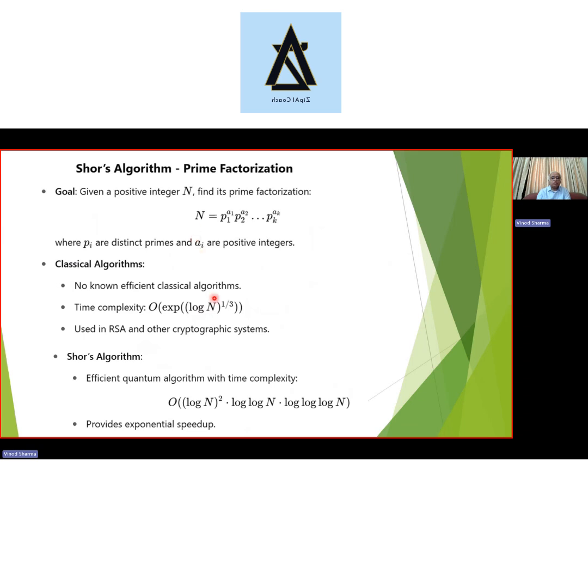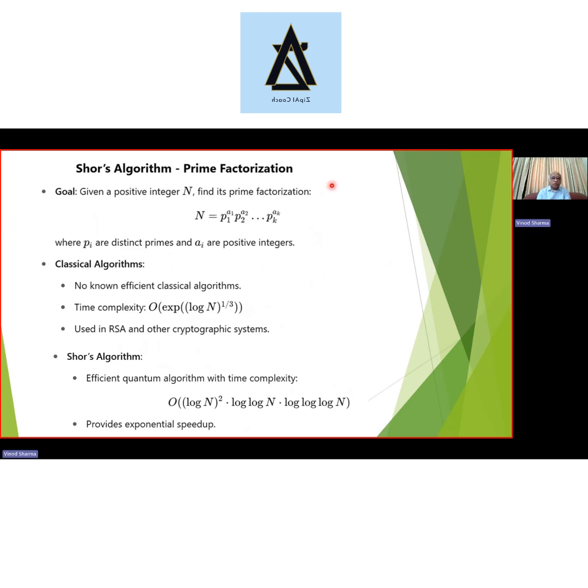If you take n large, you will really need a very large number of computations, and this fact has been used in cryptography. In fact, the most popular algorithm used in cryptography is RSA and its related algorithms. They use the fact that given a large n, you cannot easily find its prime factors.